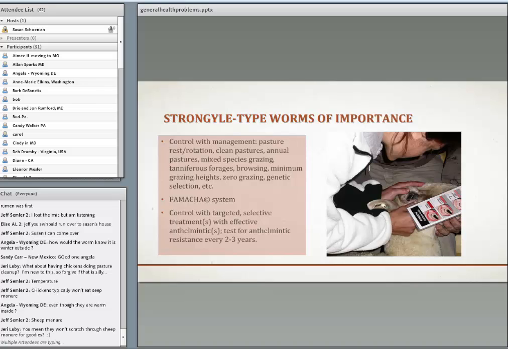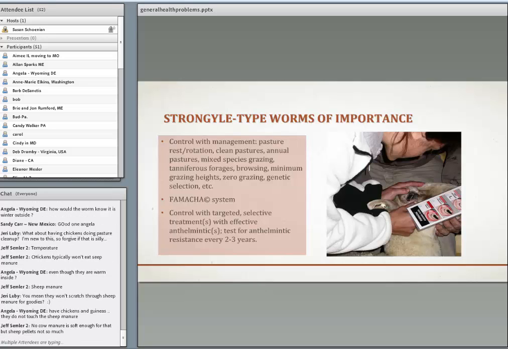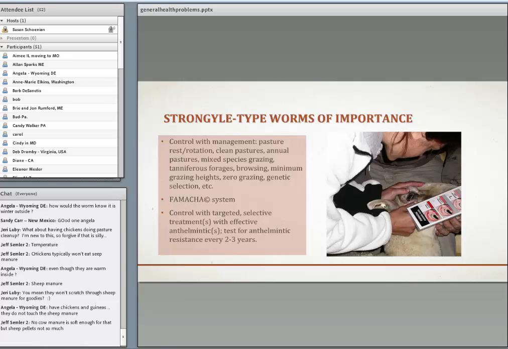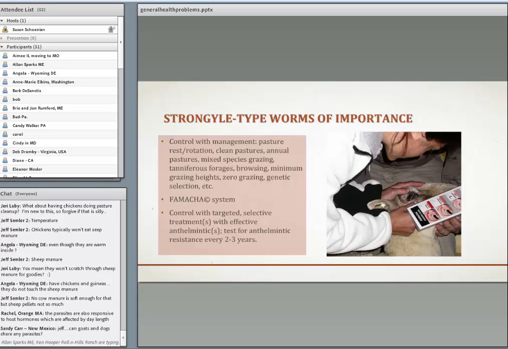Zero grazing. If we put animals in dry lot, they really don't have a source of infection or reinfection. Genetic selection: considerable differences between sheep and goats as species, considerable differences between breeds, both within the goat and sheep species, and also within the breed or herd itself.